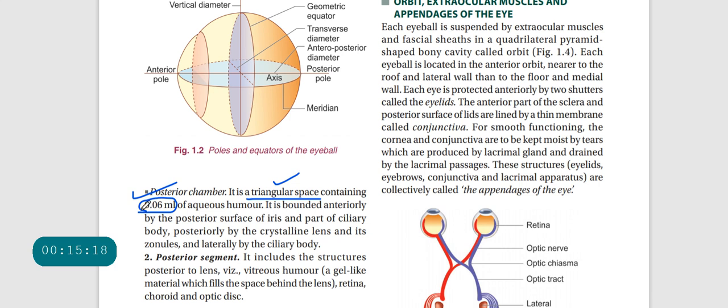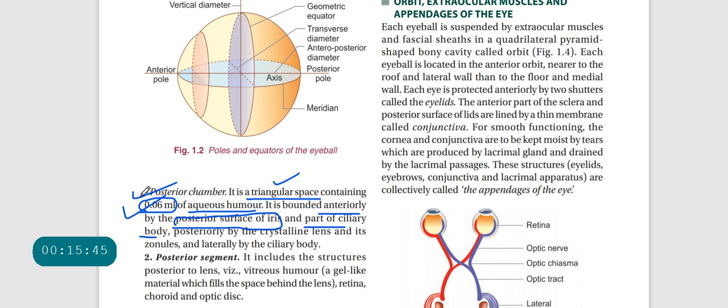Okay. Now coming up to the boundaries. Anteriorly, the posterior chamber has the posterior surface of the iris and some part of the ciliary body. Same, so the posterior wall of the anterior chamber is made by the anterior wall of the posterior chamber. Very simple.